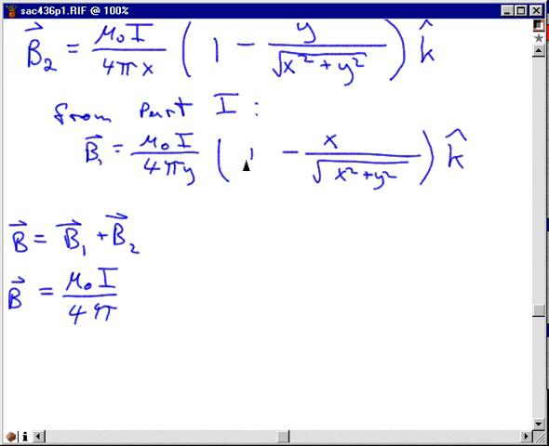and then for B1 I gotta multiply through by 1 over y, so that'll be a 1 over y minus 1 over y times all this stuff. And for B2, I got to multiply through by 1 over x. So I have 1 over x minus 1 over x times all this stuff. Or I'll put in the part from B2 first, the 1 over x part, and the part from B1, the 1 over y part.